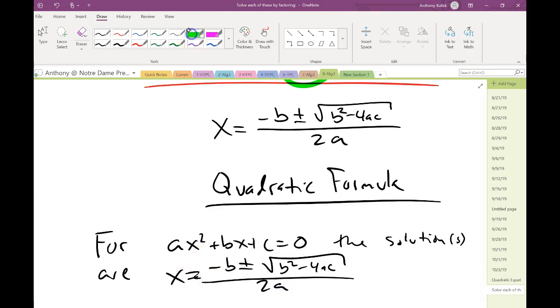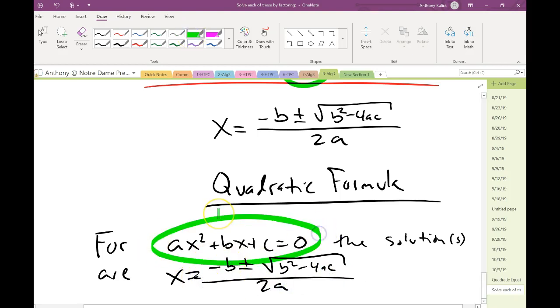The thing we have to remember is in order to use that formula, it has to look like this. So you still have to make sure it's equal to 0. So everything still has to go onto one side, has to be all multiplied out. So let's do some examples of using this formula now.